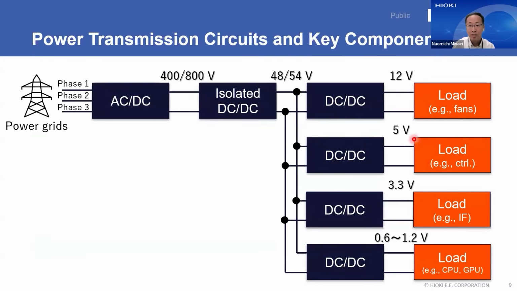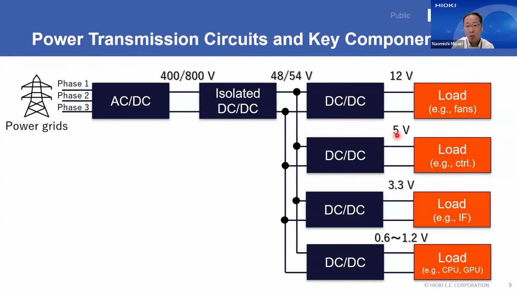So this is just an example of a power transmission circuit using a data center power architecture. Three-phase power comes in from the grid and is converted to DC 400 volts or 800 volts by the AC to DC converter. After isolated DC to DC converter, the voltage is stepped down to 48 or 54 volts.